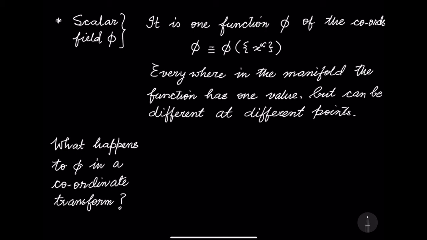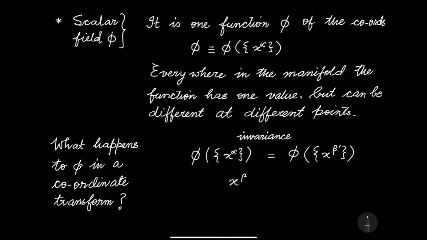What will happen is the following. You have phi in the x alpha coordinate system, calculated at x alpha, and you calculate it in the same manifold obviously, but in a different coordinate system. These two have to be the same. That is why we call it a scalar, and this property is called invariance.